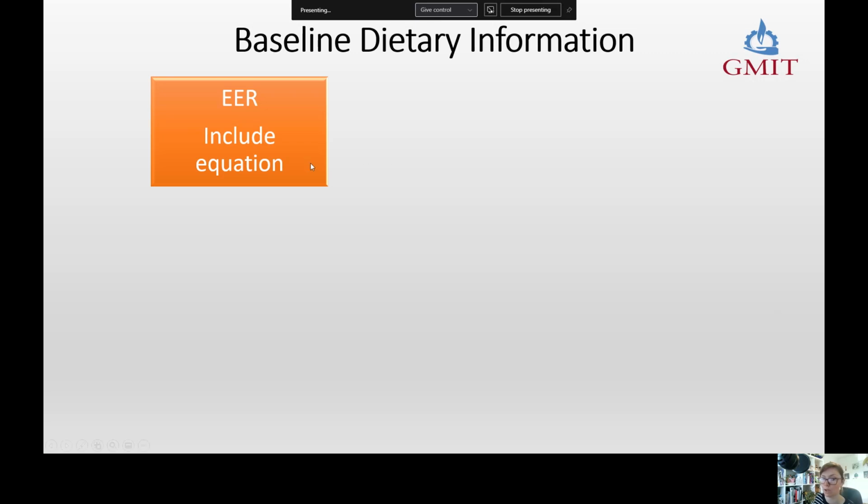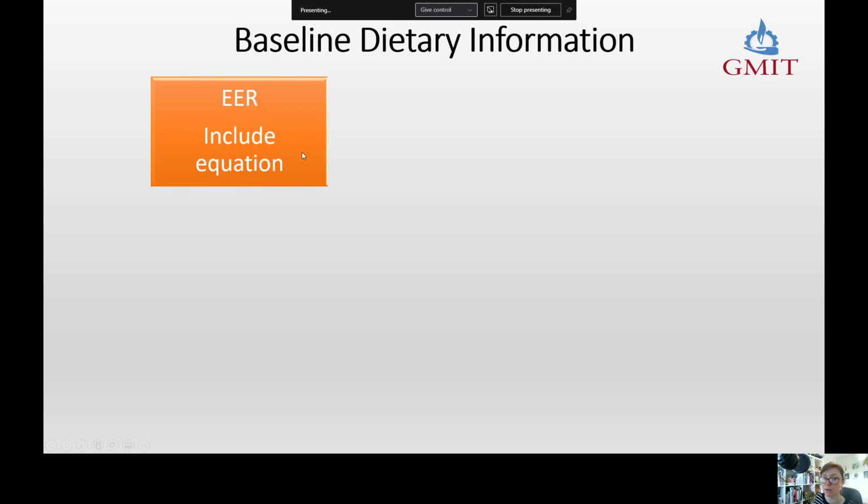So the Henry-Oxford equation, Schofield equation, Cunningham equation. So are you using one that includes the percentage body fat? Are you using an appropriate equation? I would suggest that if you don't have percentage body fat, you use the Henry-Oxford equation, unless your participant is overweight, then the Mifflin-St Jeor equation may be more appropriate.